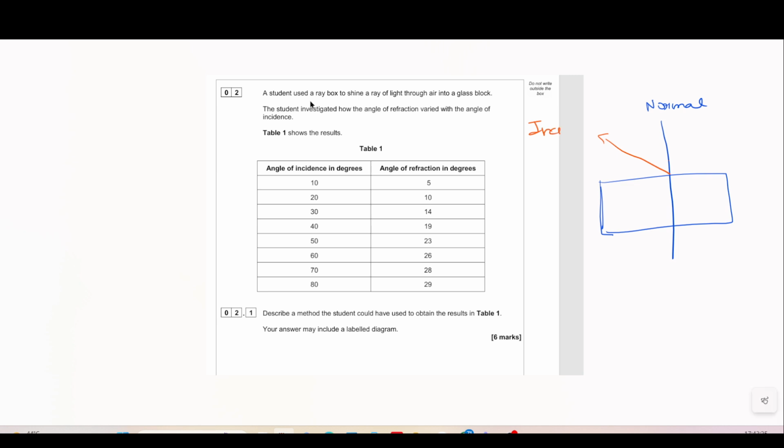Here we can write incident ray, and this angle we can denote with the letter I. This is called the angle of incidence. And then we have this ray. This is called the refracted ray or refracted beam, and this is the angle of refraction.